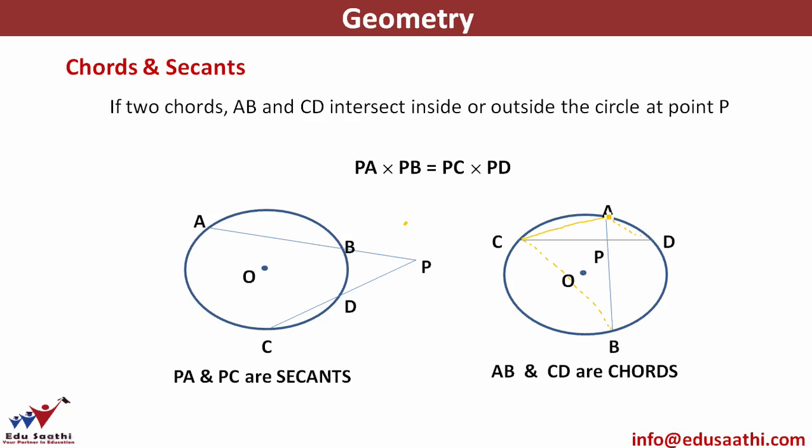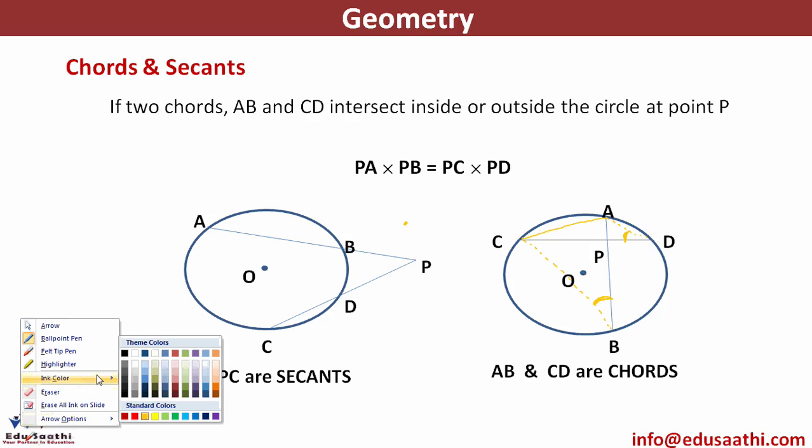So if I look at this, chord AC is making this angle at the circumference. This chord AC only is making this angle at the circumference. So these two angles have to be equal.